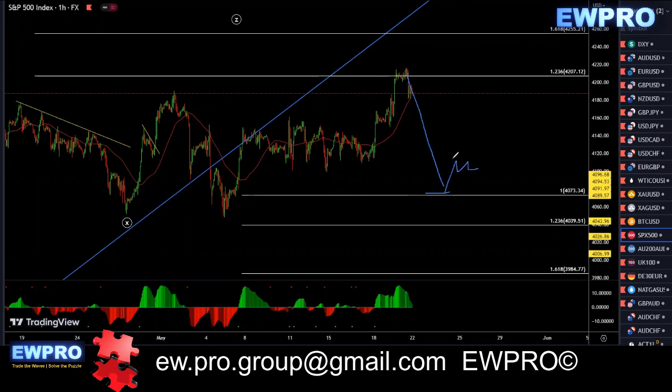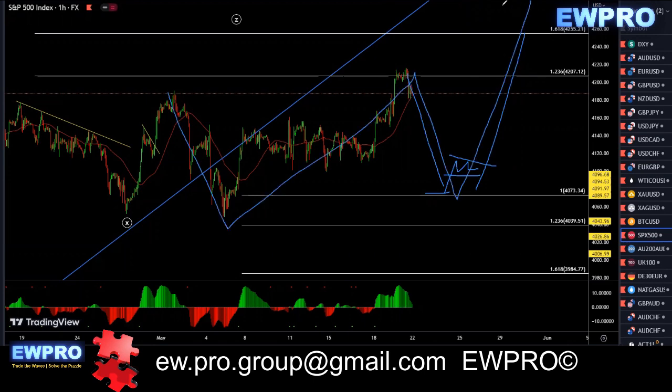And then any buy setup, if you got a bounce off this 100 fib, you could look for that to go up and break the top as the A, B, C, and then we get more upside.